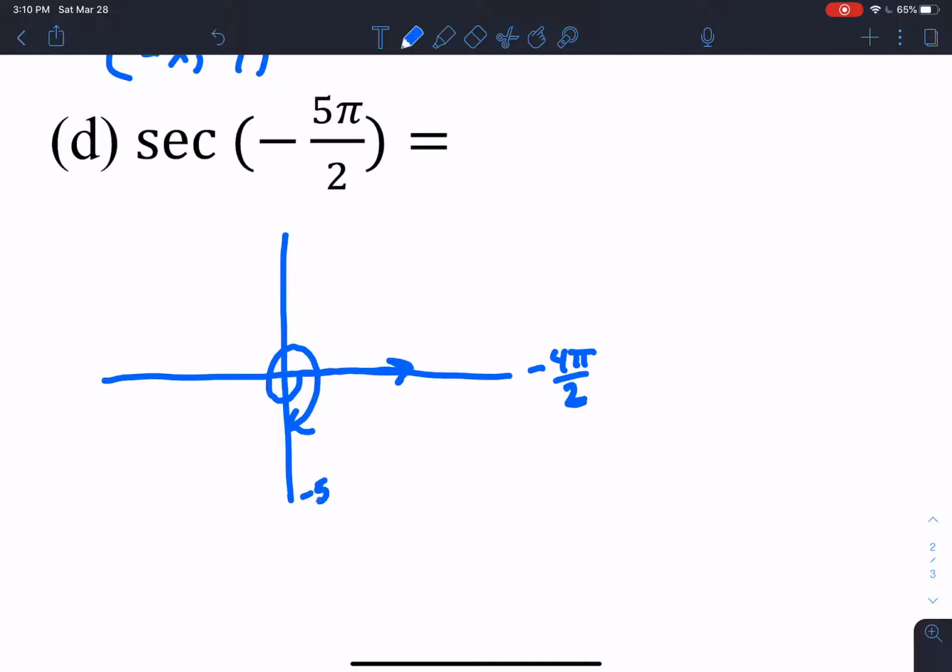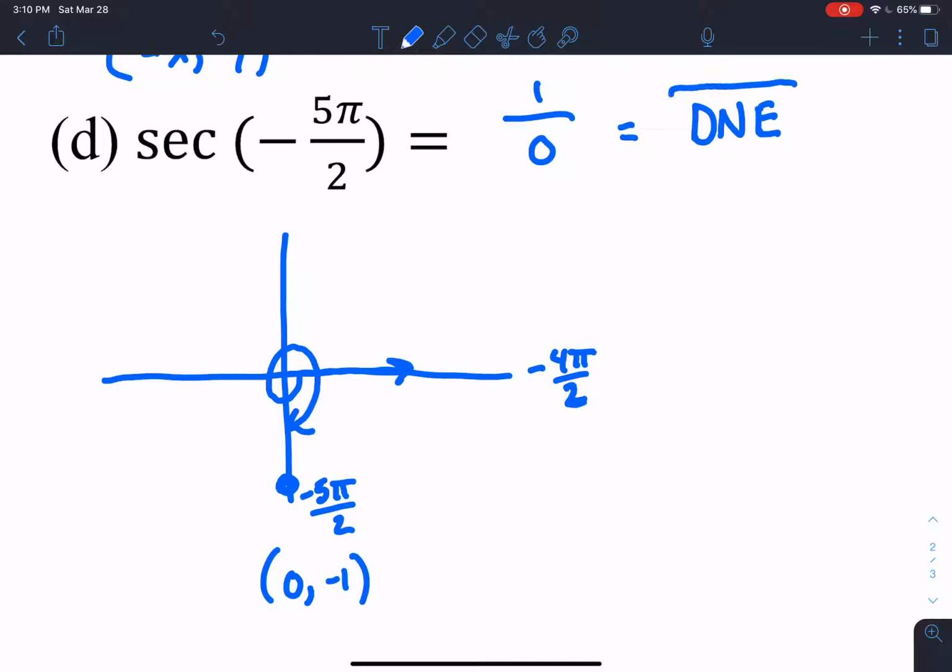So this is going to be negative 5 pi over 2. So the coordinate there is 0, negative 1. Okay, so secant is 1 over the x term. Now the x term here is 0. Okay, so this is going to come out to be does not exist. Can't divide by 0.